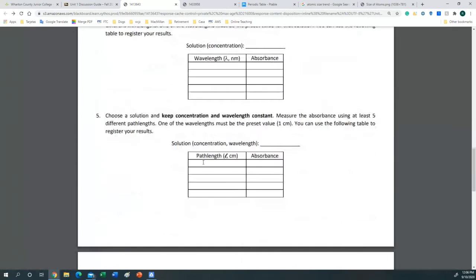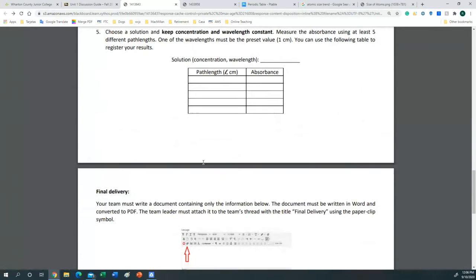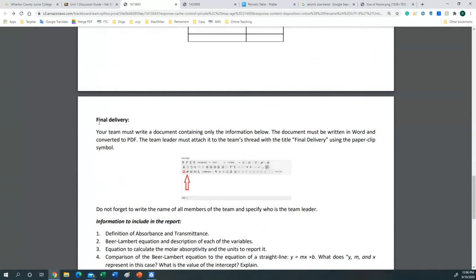Okay. So you have here different exercises. Now, this is what you guys are gonna give me, right? So it says here, your team must write a document containing only the information below, this one here, okay? Now, the document has to be written in Word and then converted to PDF.